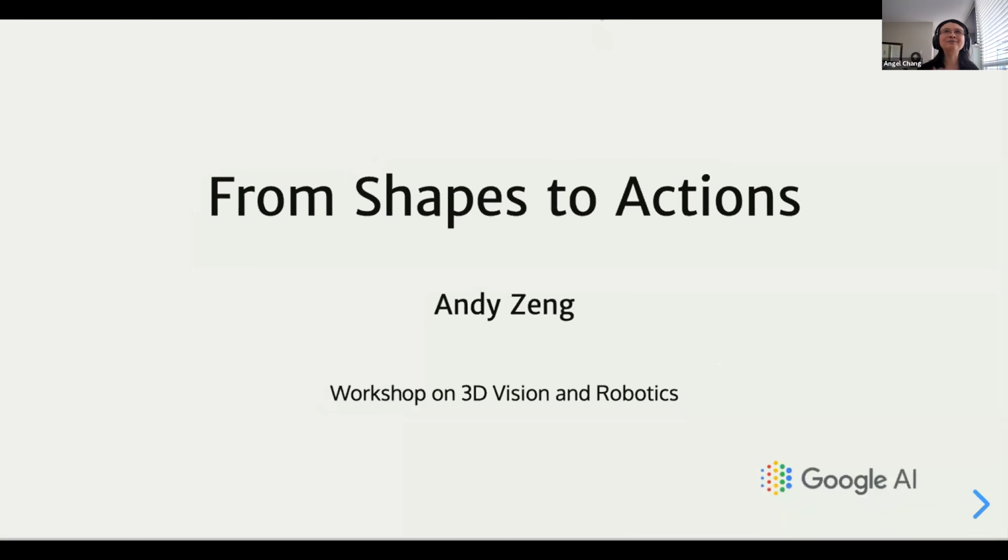So I'm also very pleased that Andy is here to talk to us. Andy is, I would say, a fun guy. I got to know Andy from my time as a postdoc at Princeton. Andy was at that point still a young, enthusiastic PhD student. Now Andy is a research scientist at Google AI working on vision for robotics.